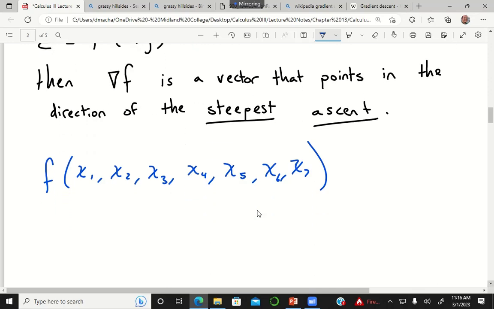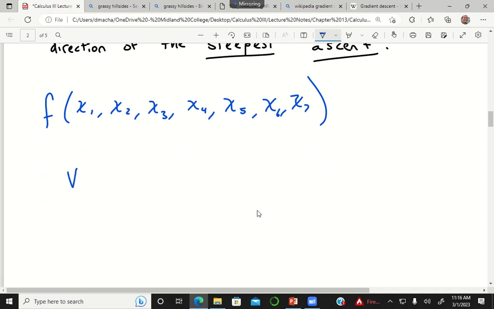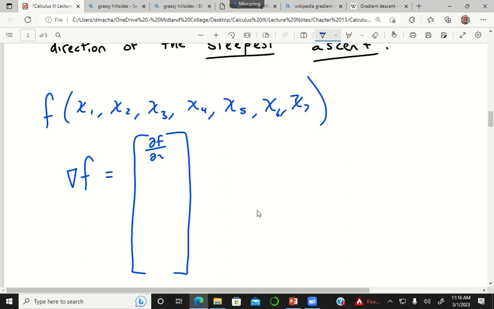Then this gradient is just going to be a vector with 7 entries. Okay? So this would be partial f with respect to x1, partial f with respect to x2, partial f with respect to x3, partial f with respect to x4, and so on. Okay? So you're not limited in the number of input variables you can have in your function.